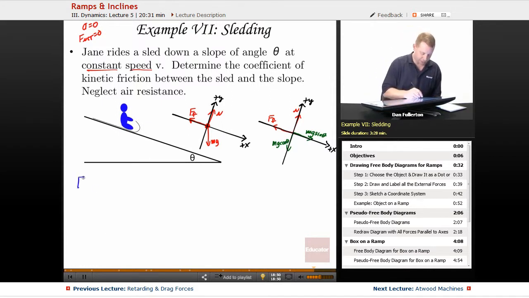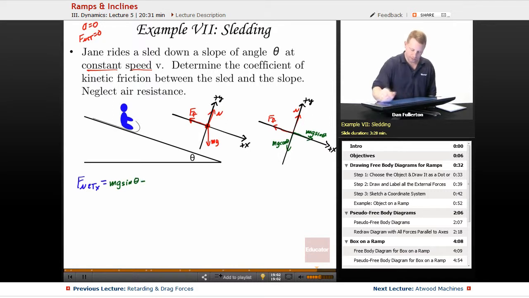So now we'll go to Newton's second law. Let's look in the x direction first. F net x is equal to, we have mg sine theta minus our force of friction, and all of that is equal to max, which is equal to 0 because it's at constant speed. Therefore, force of friction equals mg sine theta.